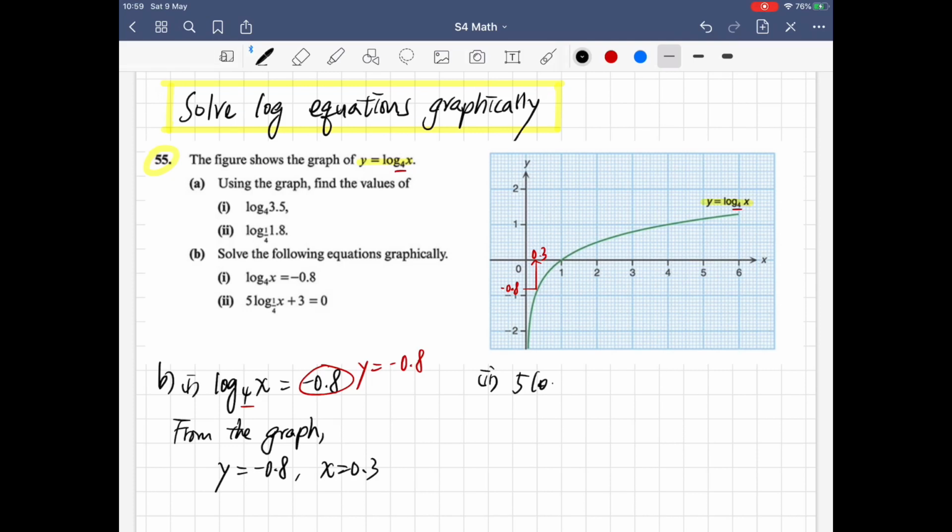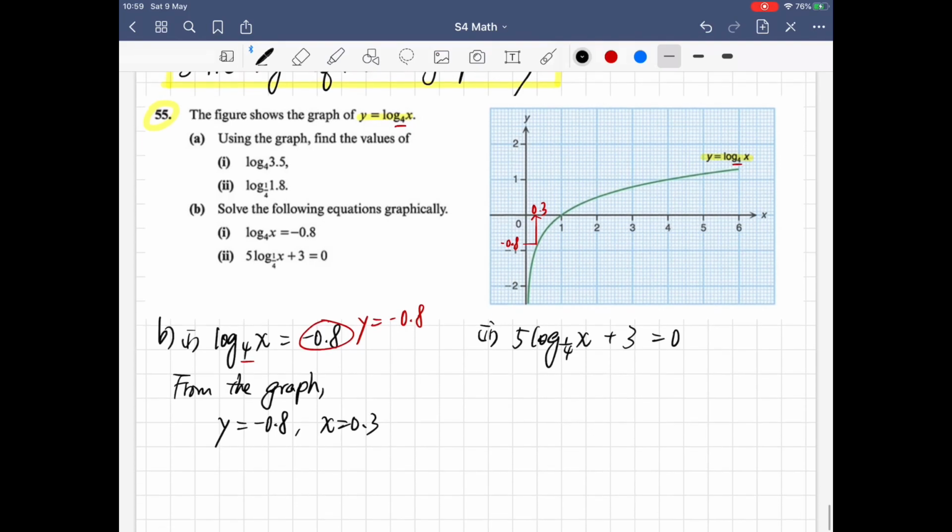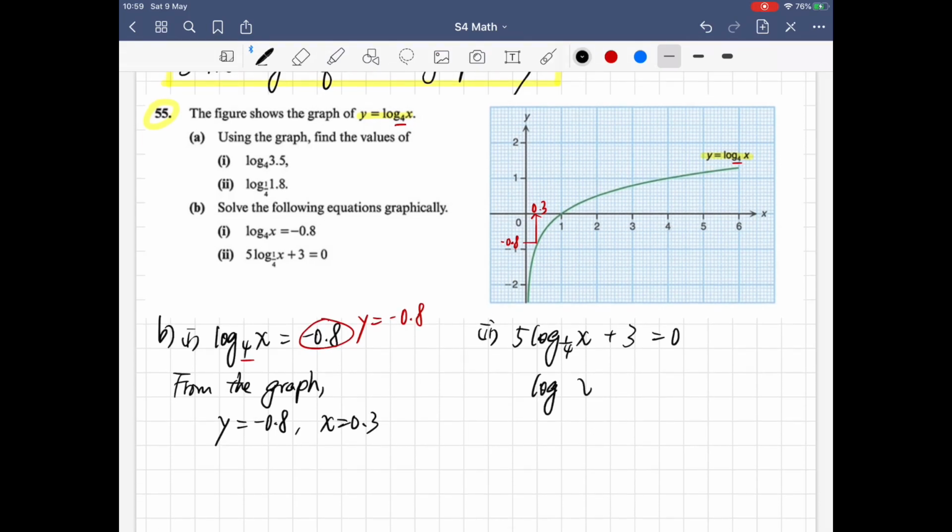In this question, we have 5 log x with base 1/4 plus 3 equals 0. And we will first move all the numbers to the right hand side so that we have log x with base 1/4 equals negative 3/5. Now we can consider the base, that is 1/4, and it is different from the base used in the graph. So we have to change the base 1/4 into 4 using the same technique.